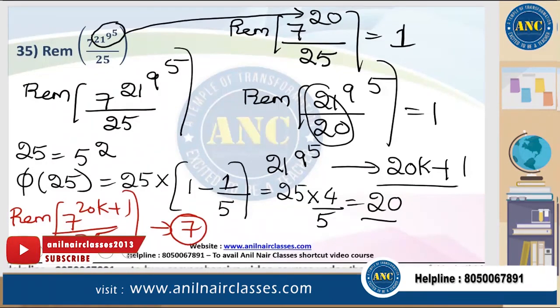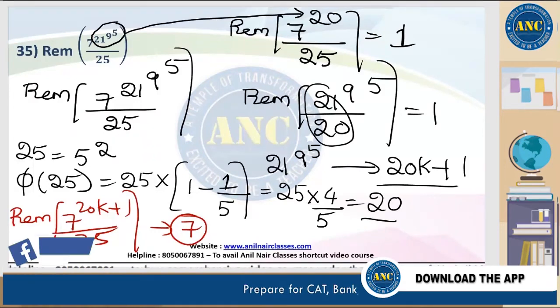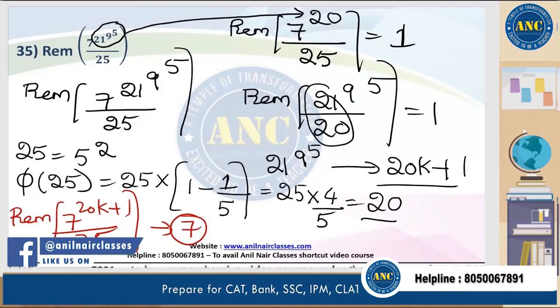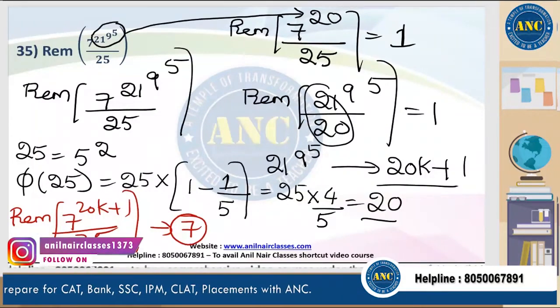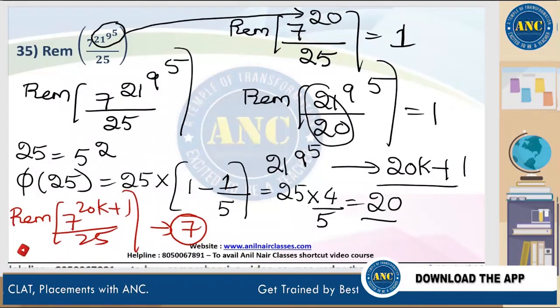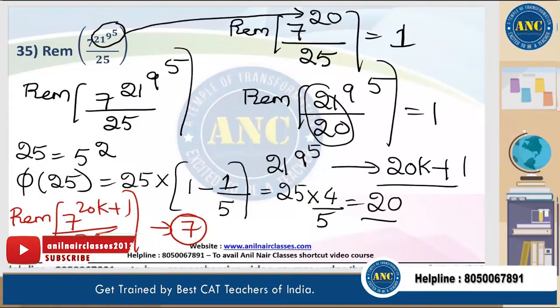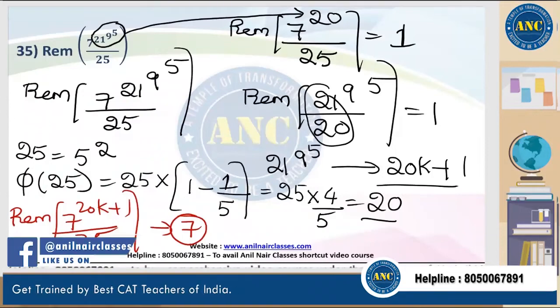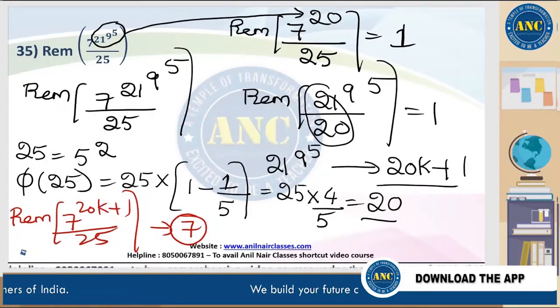Riya says clear. Ravi, again I am explaining for you. 25 is a composite number. If the denominator is a composite number, then use Euler's theorem. 25 is 5 square. Phi of 25 is 25 into 1 minus 1 by 5, 25 into 4 by 5. So the quotient function of 25 is 20.